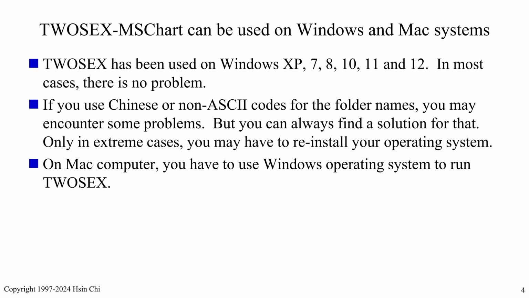If you use Chinese or non-ASCII codes for the file or folder names, you may encounter some problems, but you can always find a solution for that. Only in extreme cases, you may have to rename your file or folder, or reinstall your operating system. On a Mac computer, you have to use the Windows operating system to run TWOSEX.